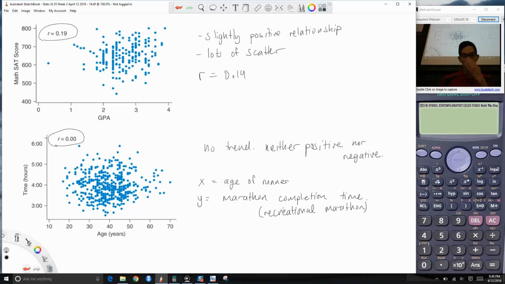But maybe in another class you might be given the data and you would plug it into the computer, and the computer would give back a correlation. Almost no one calculates correlation by hand using the old-fashioned formula, just because it's a very tedious process. So it could be done, but it's not done frequently by hand.